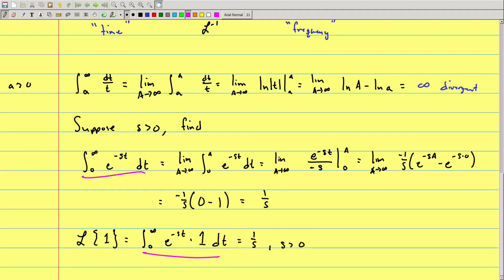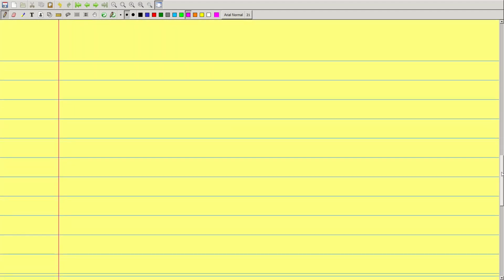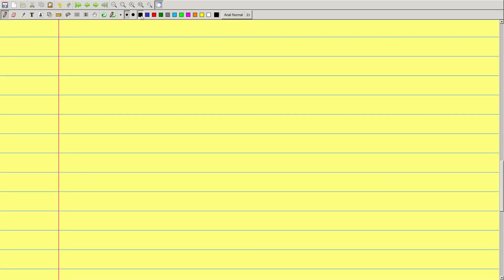Same thing. Okay. So it's good to start keeping track of the functions that we know Laplace transforms for, because we're going to end up needing to know a few. All right.